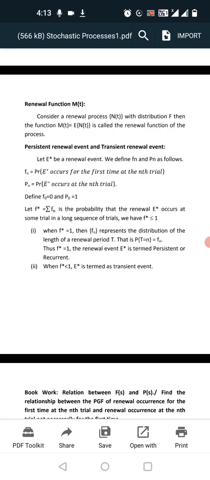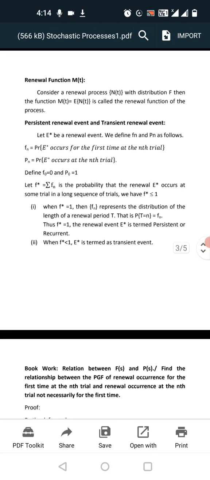So in Pn repetition is allowed, in Fn no repetition is allowed, that is, the first-time entrance is Fn. And we define the initial conditions F0 equal to 0 and P0 equal to 1.